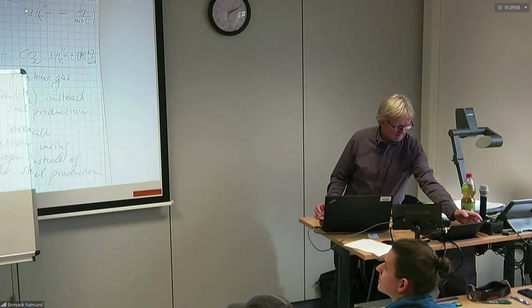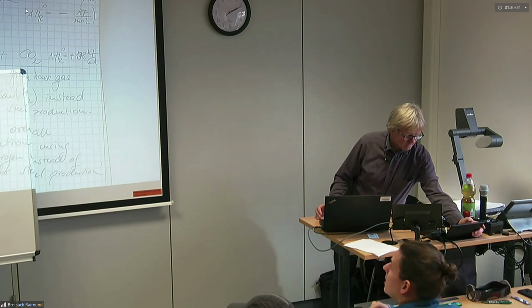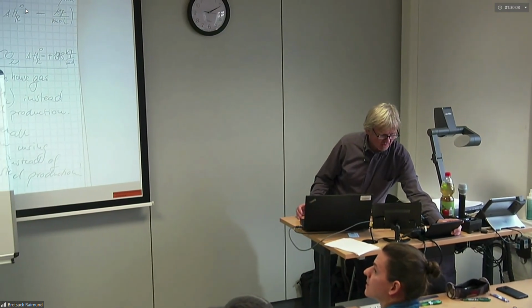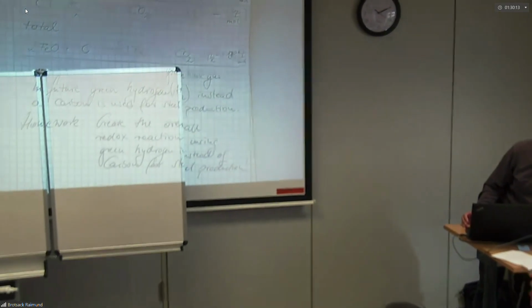But I think it's this sort of chemical equation. One second, please. I just try to manage it that the students who are not here in class can see what you're writing.